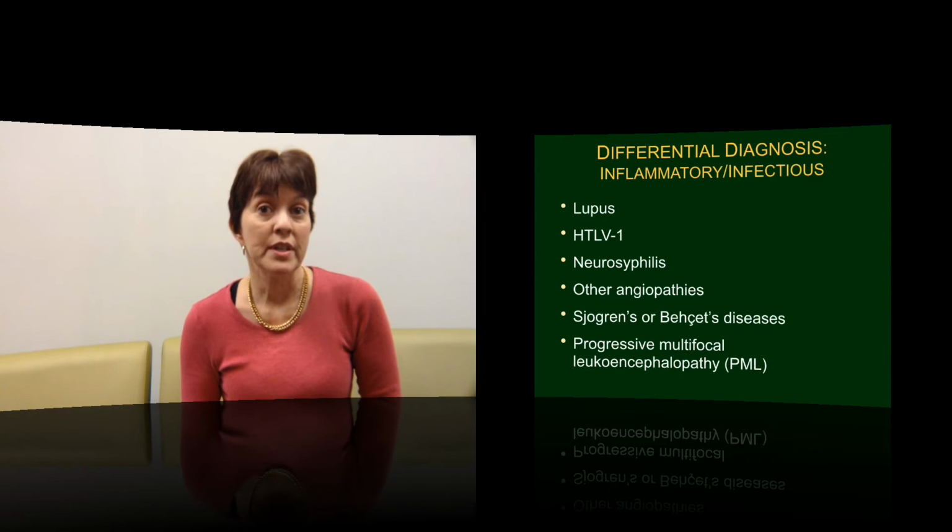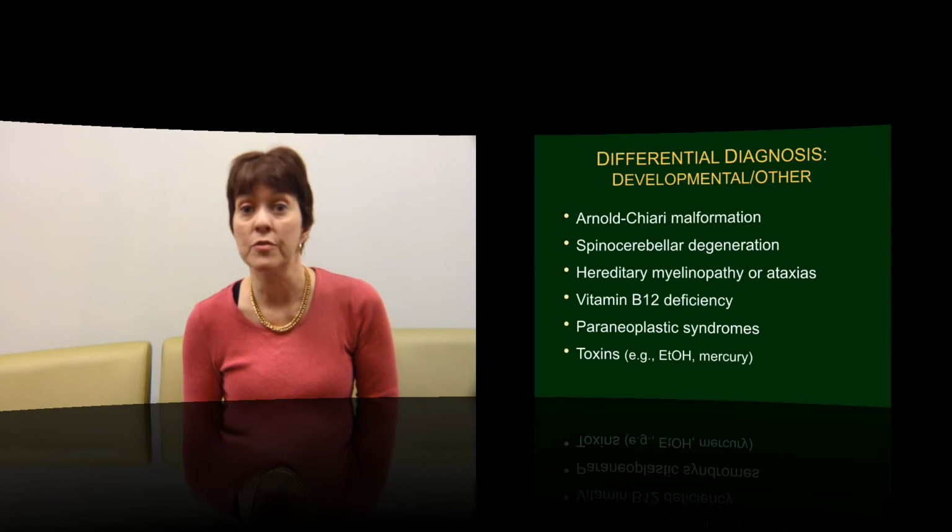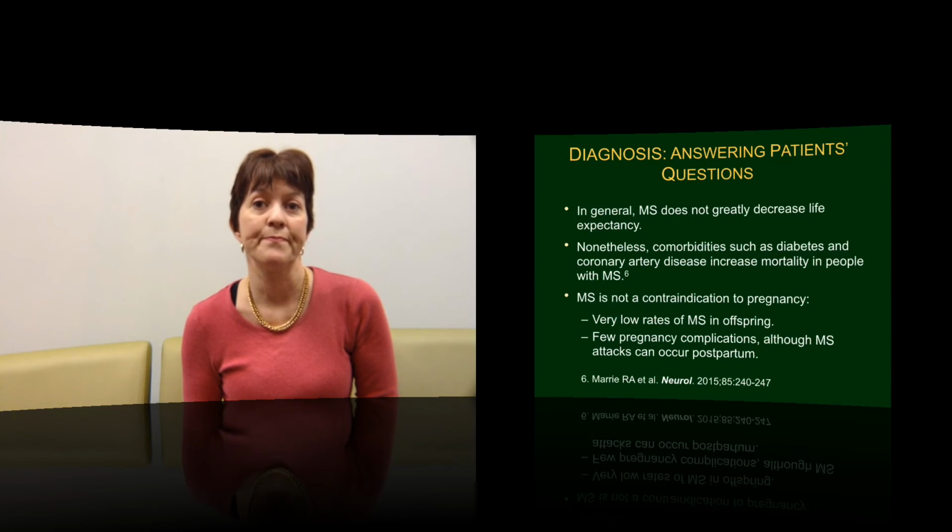There are inflammatory and infectious conditions in the differential diagnosis, such as lupus, neurosyphilis, progressive multifocal leukoencephalopathy. Developmental and other conditions can mimic MS, such as an Arnold-Chiari malformation, even vitamin B12 deficiency, or toxic exposures.